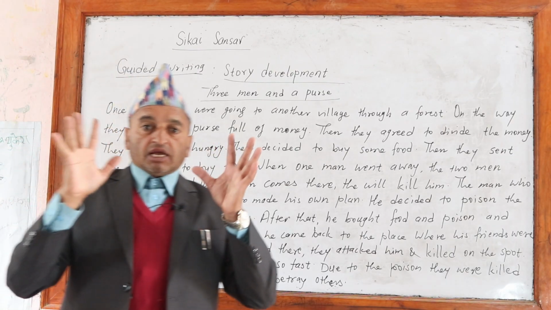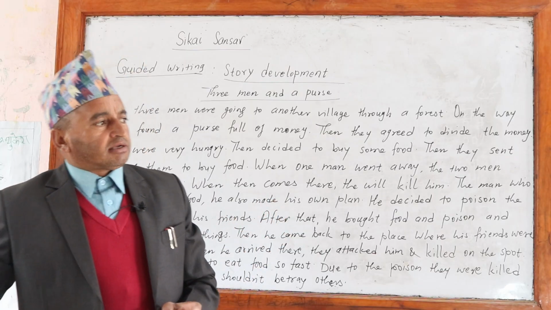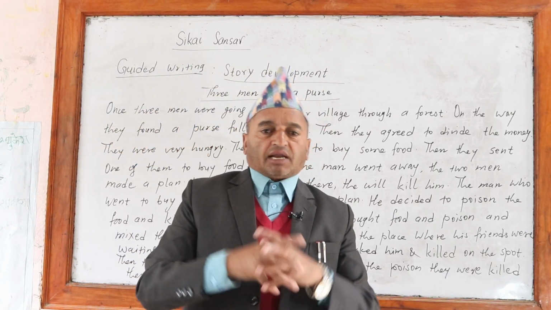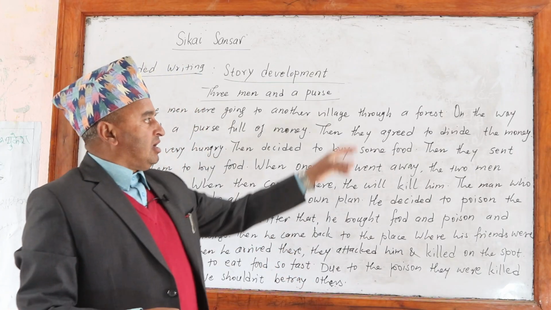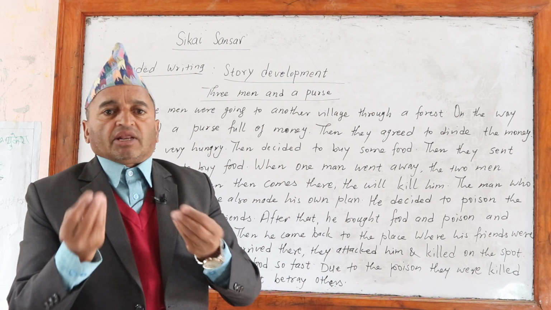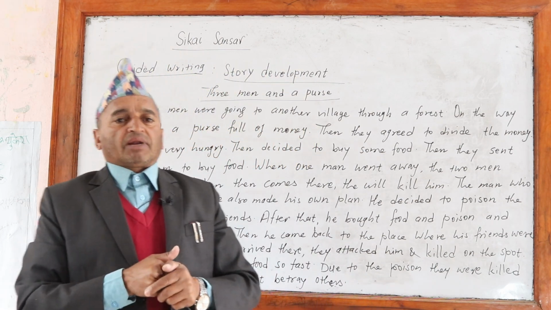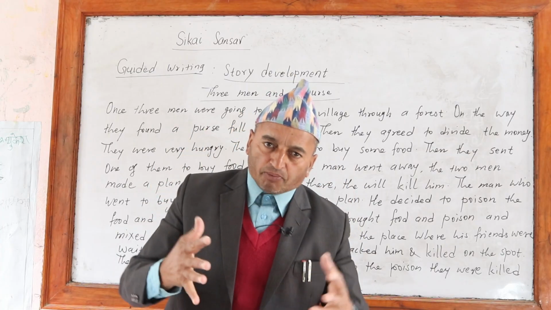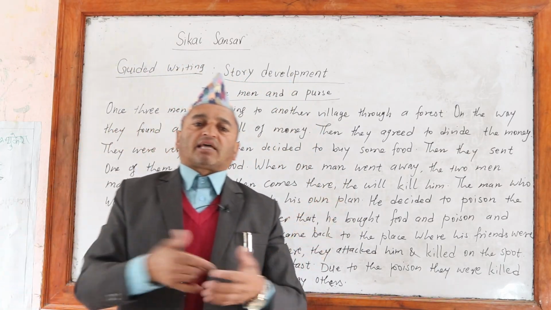So, dear students, you can develop any kind of story asked in different levels of schools and campuses. Again, I want to repeat the gist once more. First of all, we have to read the given clues seriously. We have to form the structure of the story in our mind, and we can add information.